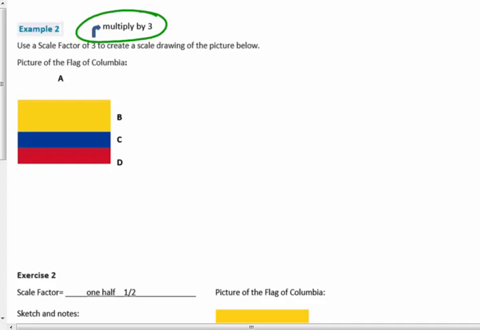So when I measured A with my ruler, this length here was 1.5 inches. I'm going to make a little table over here. To make my new A, I take 1.5 inches and multiply it by 3. That gives me 4.5 inches, so my new A has to be 4.5 inches long.